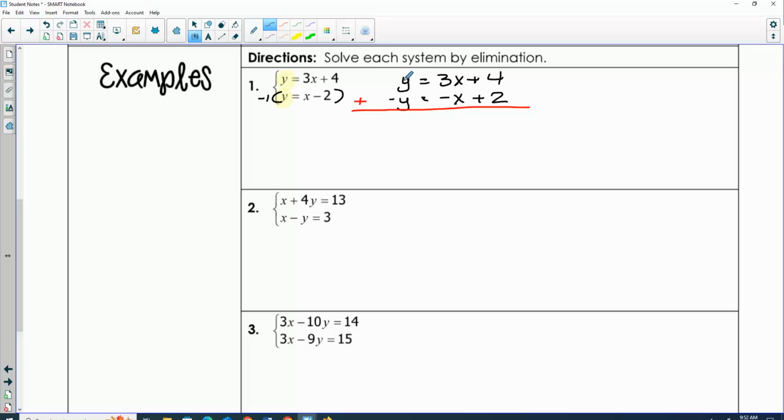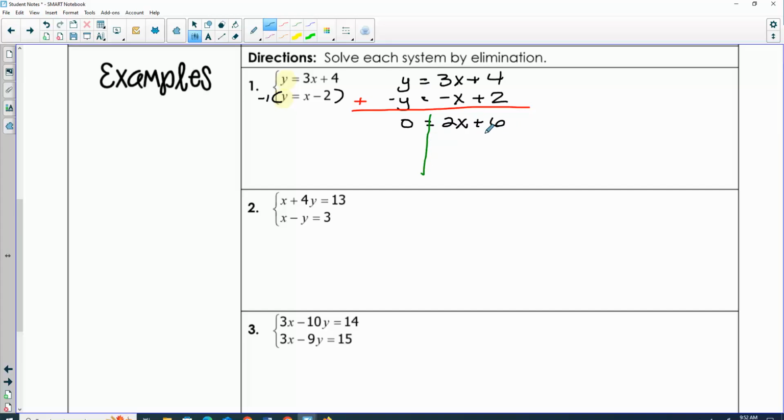So 1y and -1y cancel out and just leaves me with 0 equals 3x and -1x, 2x, plus 4 plus 2 is 6. If you need to, draw a vertical line down your equal sign.